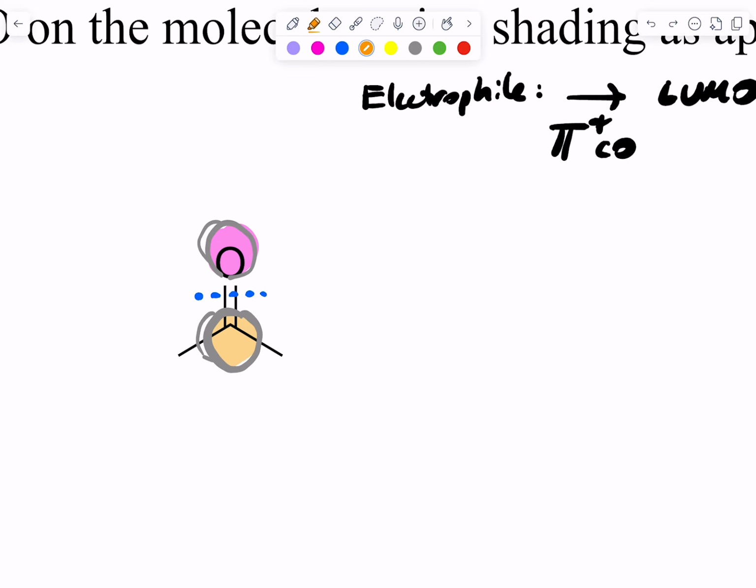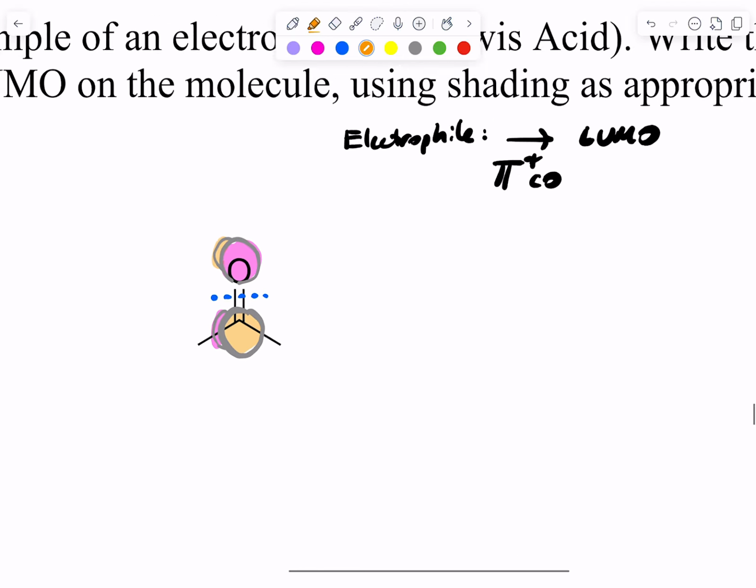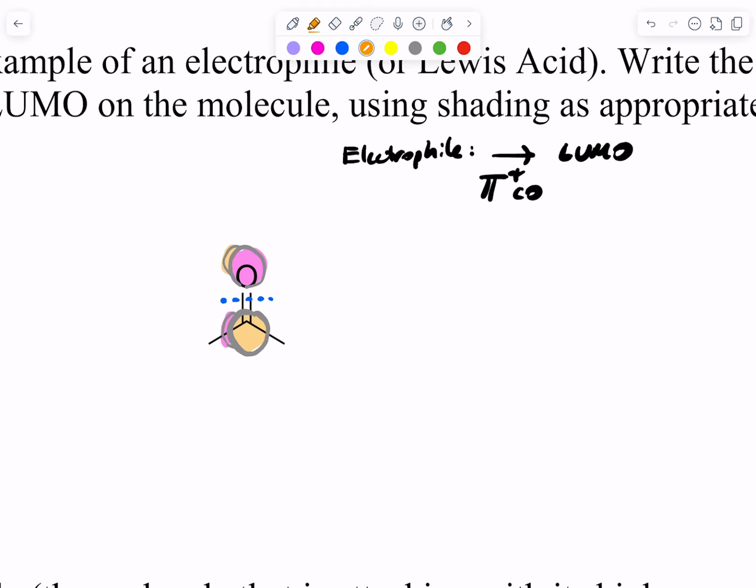That's what the pi star looks like. Now, for right now, I want you to notice that the pi star is on both the carbon and the oxygen. But a nucleophile that it's going to attack can only attack in one spot. So we need to decide, and we're not going to decide today, which of those 2 gets attacked. And I want you to be thinking about that.